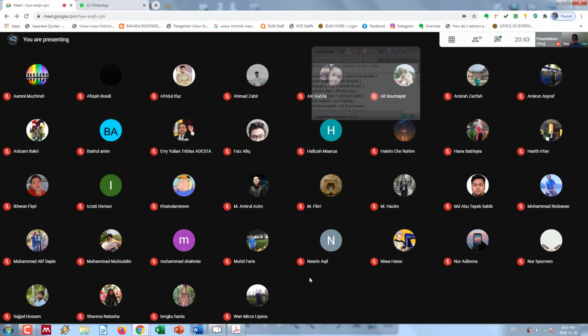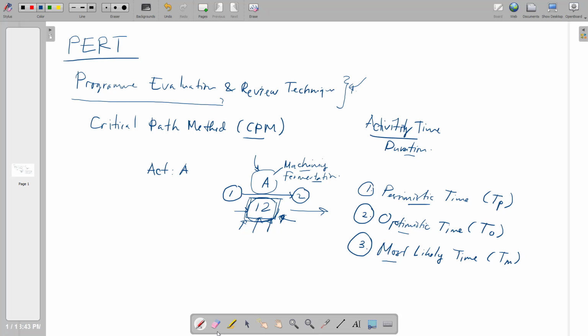Okay, so back to the whiteboard. Where are we? Okay, the most likely time. Again, for those who just joined, PERT will divide the duration, the activity time, not into a single time of completion, but instead we will approach it according to three completion times.